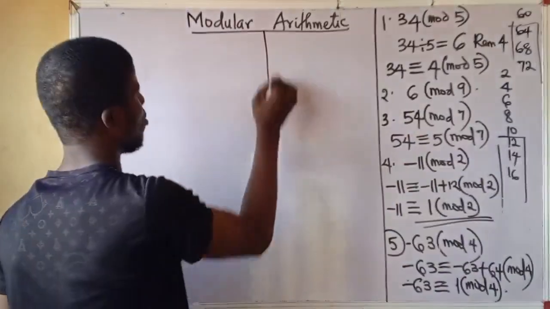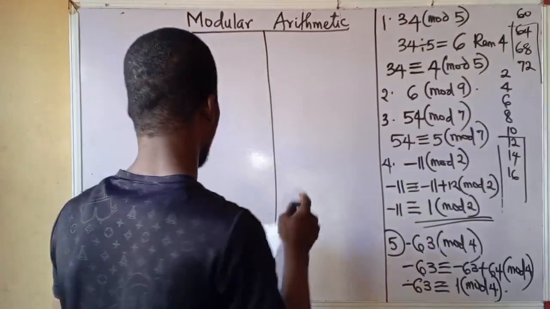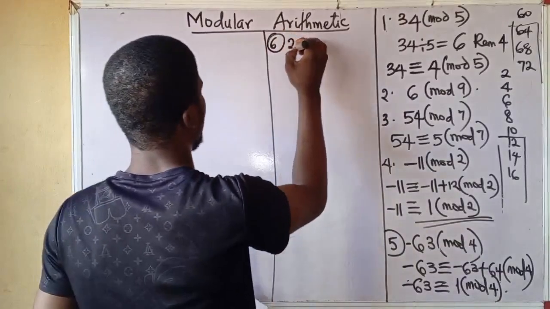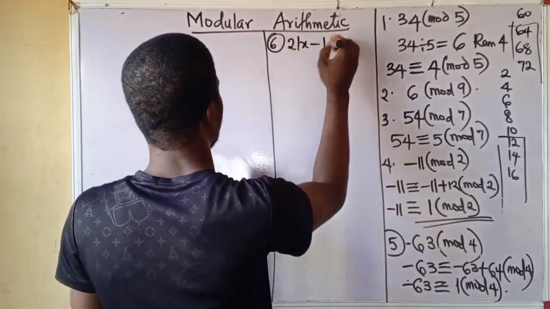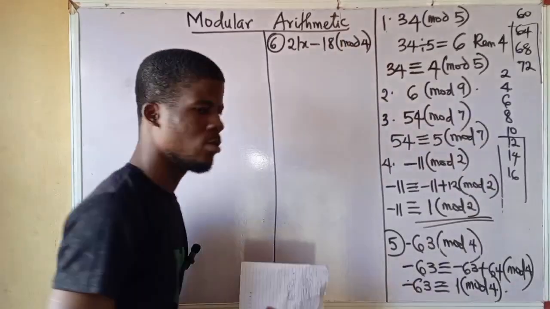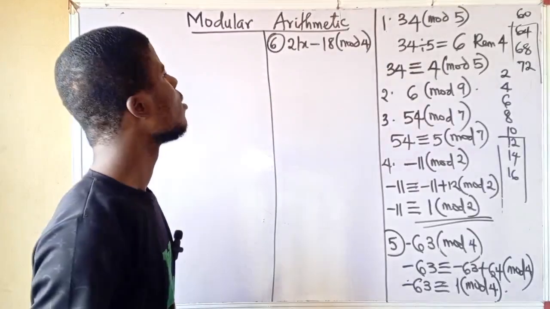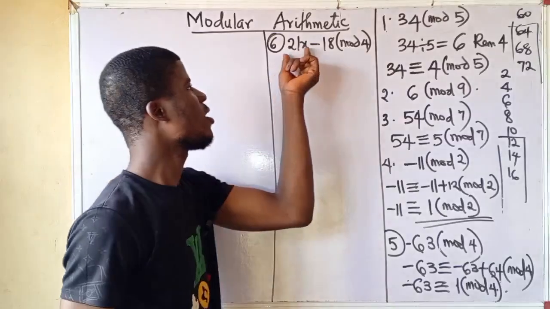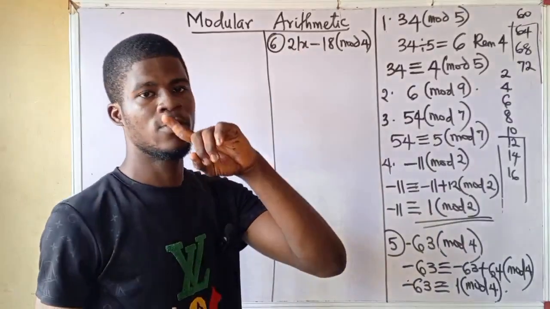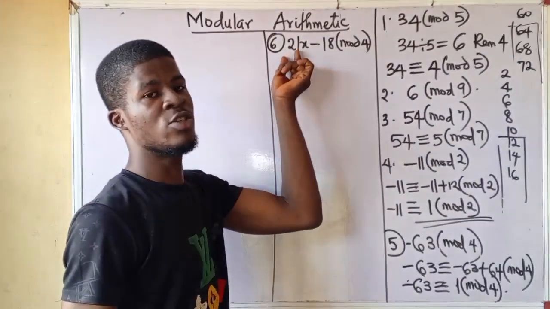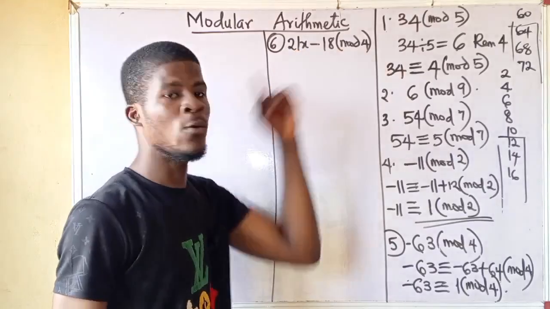Okay, let's take some algebraic values. Question 6 now. What is 21x minus 18 modulo 4? By the way, this is how I'm going to explain it. 21x is not in modulo 4, for the reason that 21, which is the coefficient of x, is greater than 4.